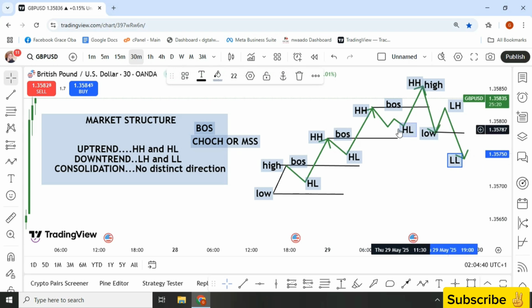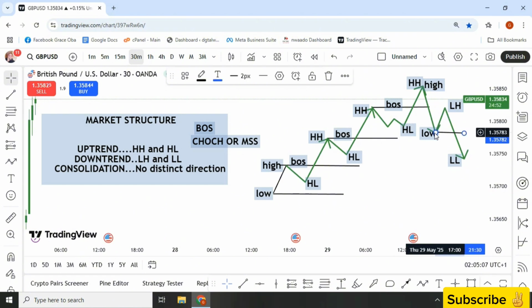Now something happened when this uptrended above this high, there was a break of structure. As you can see, this downtrend actually broke through this higher low to give what? To give a change of character.